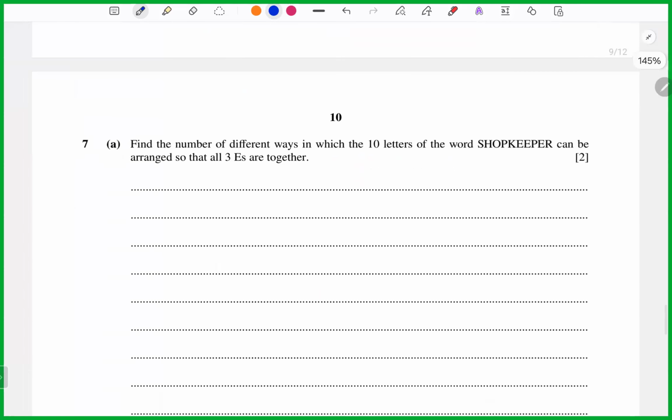Now we see question 7. Find the number of different ways in which the 10 letters of the word shopkeepers can be arranged so that all three Es are together. Let's analyze these keywords. How many E? 3 E, right?